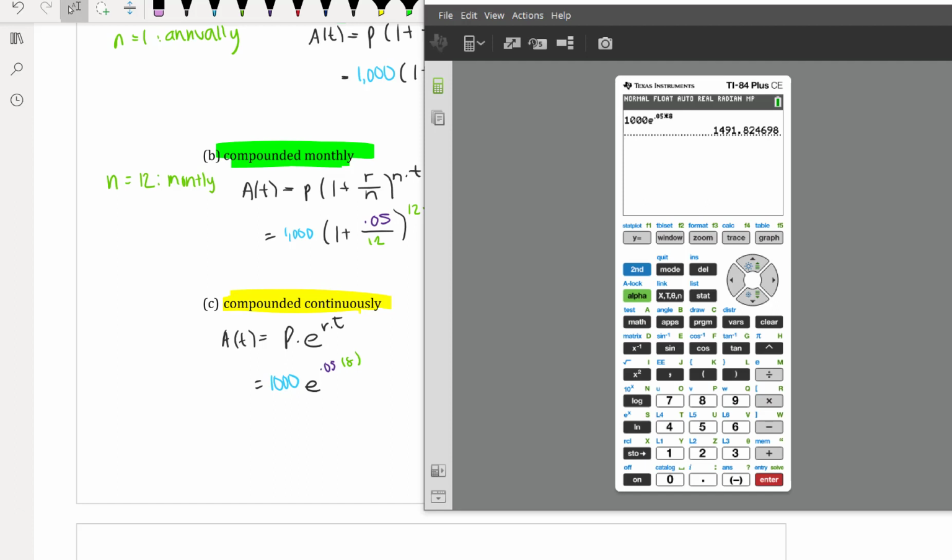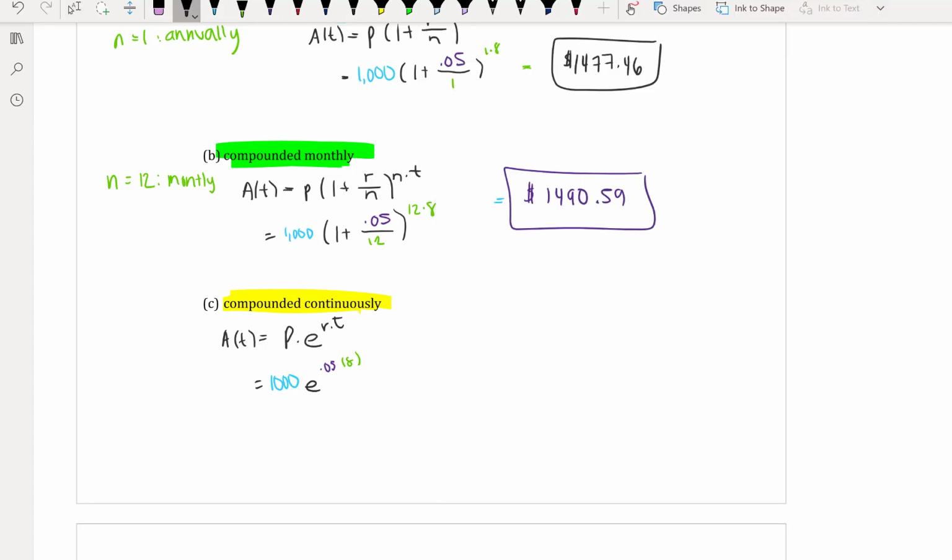So I'm going to have 1491.8, and it should be 82 or 83. Well, since that 4 is less than 5, I'm going to leave it alone. So it'd be 0.82. So I'm going to have my final answer as 1491.82.